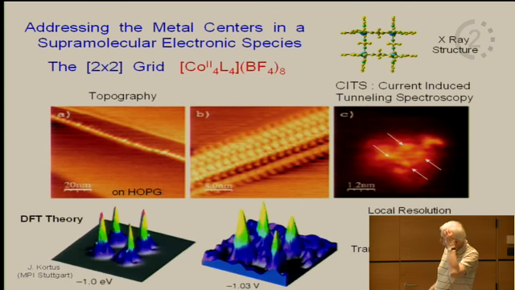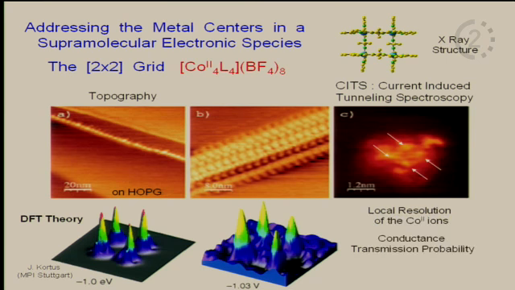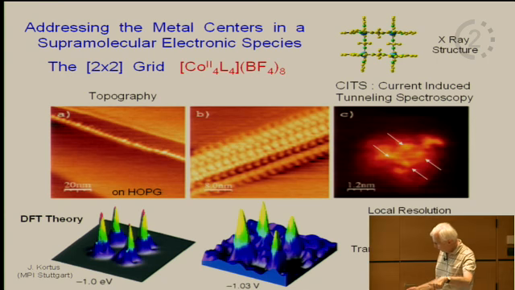And when you then look at the currents passing through the tip, you see that there are 4 positions where the current increases strongly. This is a calculation by somebody Korthus in Stuttgart. When you pass over the cobalt, you have an increase in current. So that's really, so to say, talking to the ions. You just see, you can, when you pass over, feel, measure an increase in current.